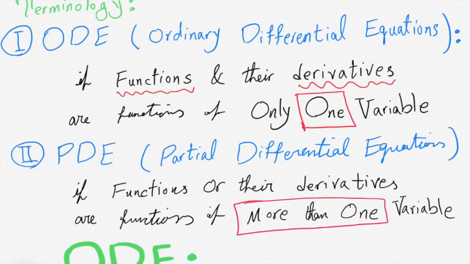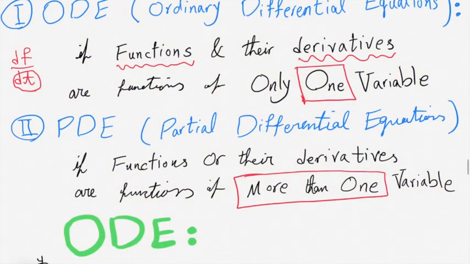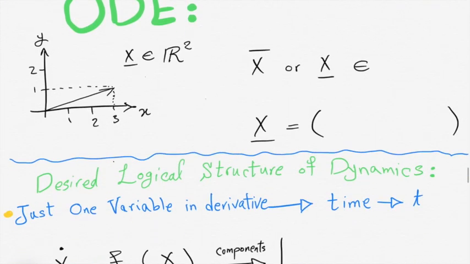Otherwise, if it is a function of more than one, then you call it PDE. So for instance, here I'm just going to talk about this dt, and this brings the idea of one variable to take derivative of.